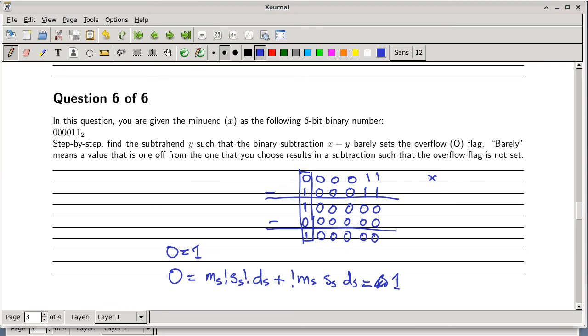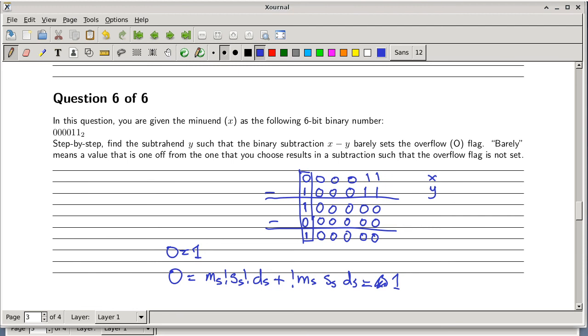Yes? Could you explain what you mean by barely? Okay, so that's a good question. If I change this value by 1, in one direction, if I change y by 1 in one direction, the overflow flag will no longer be set.